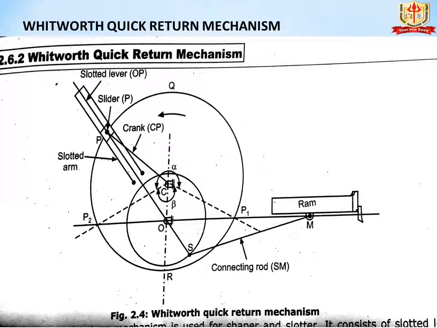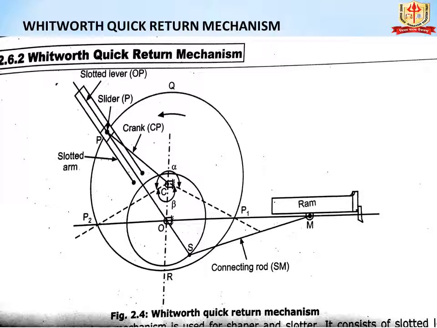Considering anticlockwise rotation of the crank, from point P1 to point P2 through angle alpha, shown by arc P1 Q P2, is used for the forward cutting stroke.